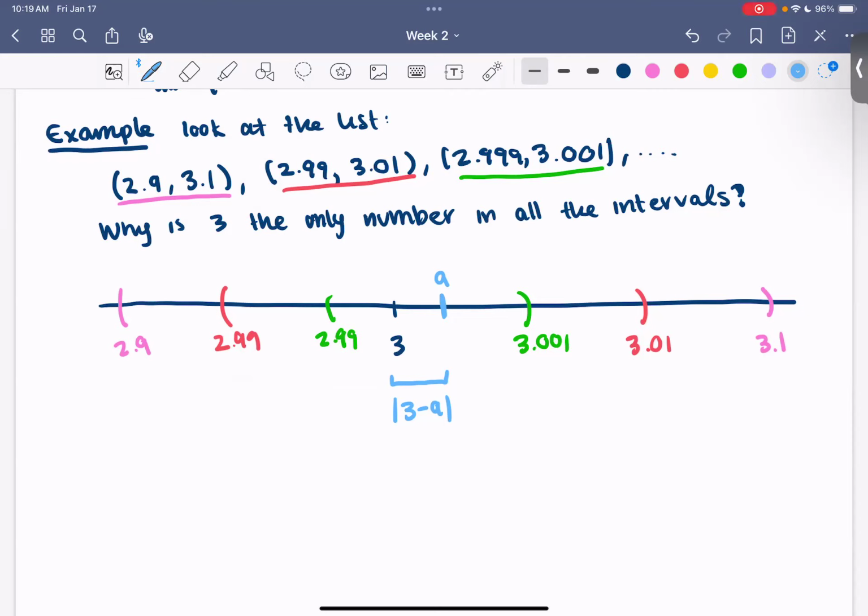So that's the idea: eventually we'll be able to find an interval that excludes A.